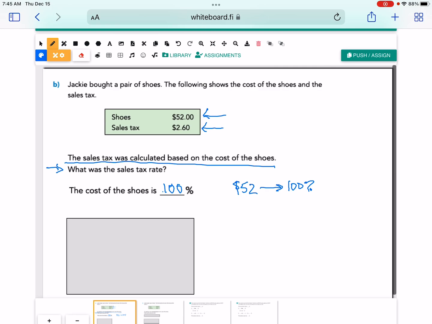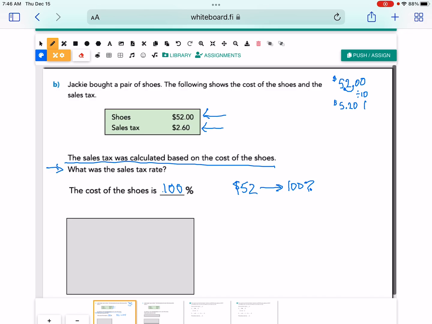And you see the base being $52. If you take 52 and you ask yourself, what is 10%? Well, divide that by 10, by moving the decimal point over. This is division by 10. And you'll get $5.20, okay?